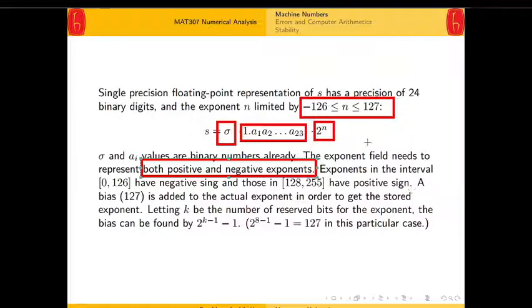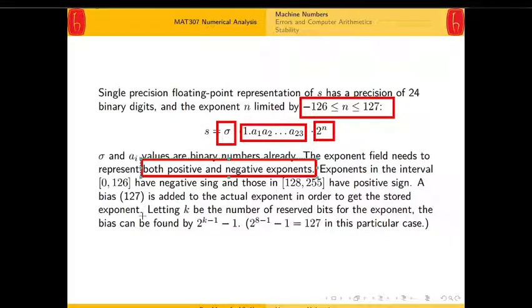So we have basically 256 options, and we reserve the first half of these options for negative signs and the other half for the positive sign. This means a bias of 127 is added to the actual exponent in order to get the stored exponent. So the stored exponent will always be positive.